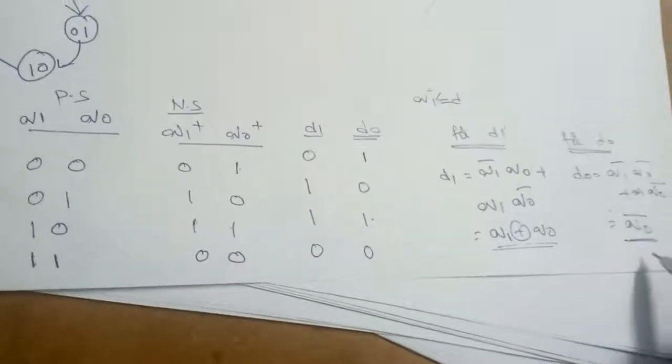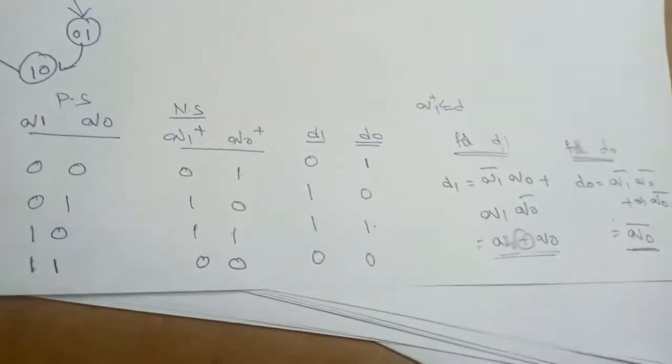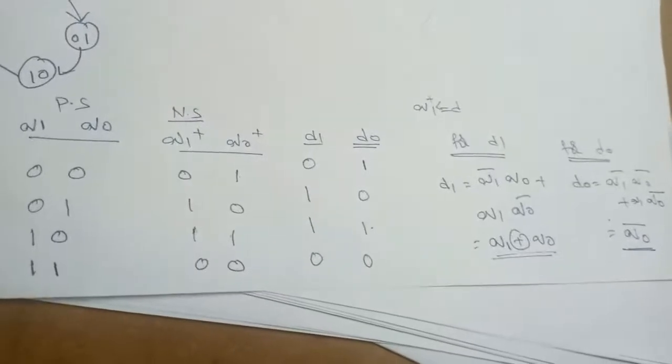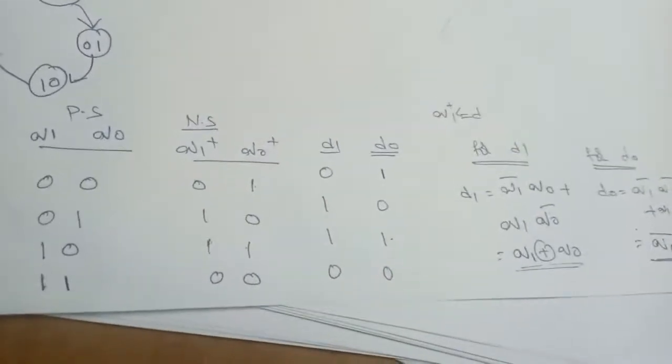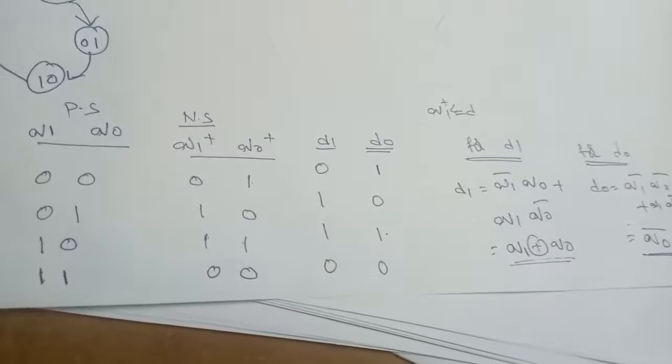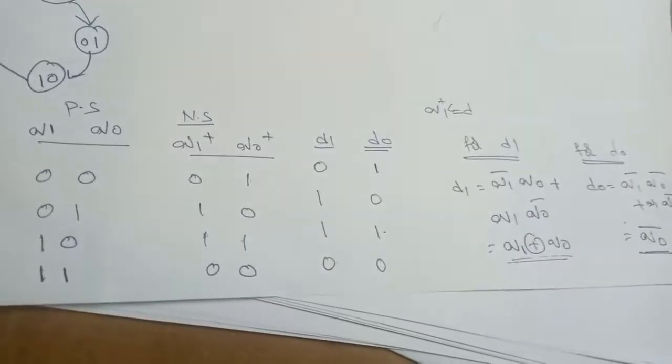For D0, it is Q0 bar. Therefore, the input equations are D1 equals Q1 XOR Q0, and D0 equals Q0 bar. Based on the next state and present state outputs, I have derived these equations.